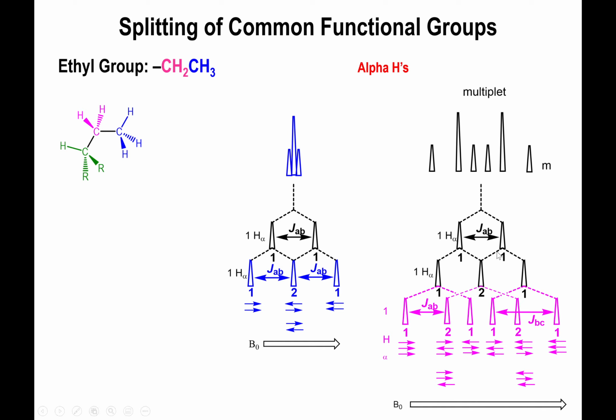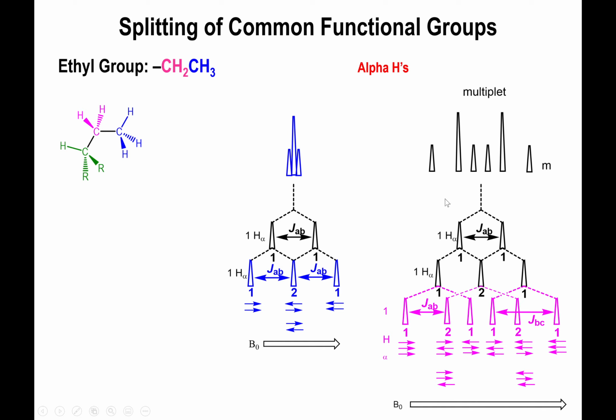Now, the way the multiplet works really depends on the values of the J coupling constants. If one of the coupling constants is a lot larger than the other, then you're going to have something that looks kind of like this, in which case the first coupling constant splits up the peaks by a value a lot larger than the other, and then you might end up getting this kind of overlapping stuff. It's going to look almost like two triplets, but it's not exactly right because the symmetry is looking funky.